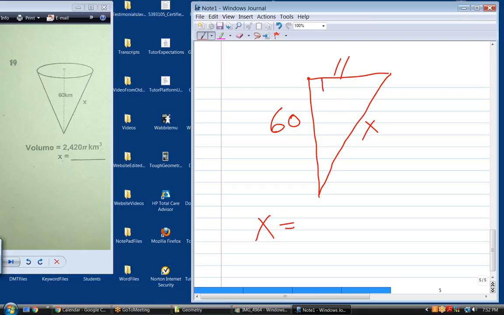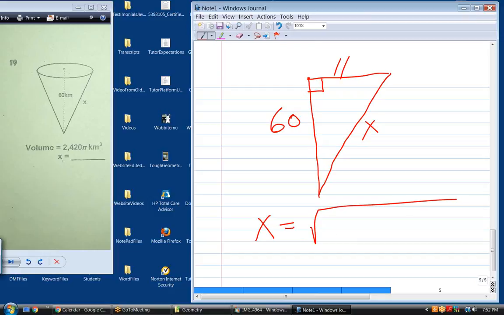Solving right triangles is one of the most common things you're going to do in geometry. You really want to get good at knowing how to solve for the hypotenuse or how to solve for one of the short sides. In either case, the answer always begins square root of. So let's write that.